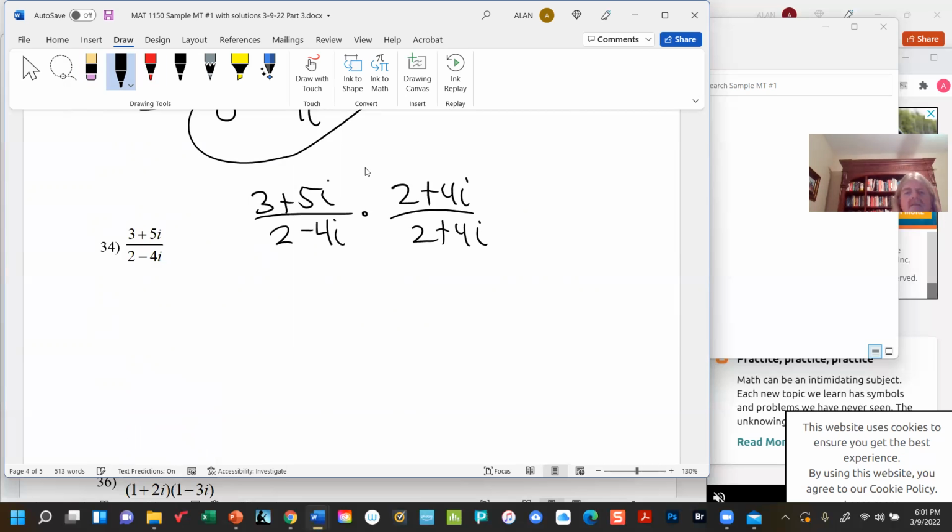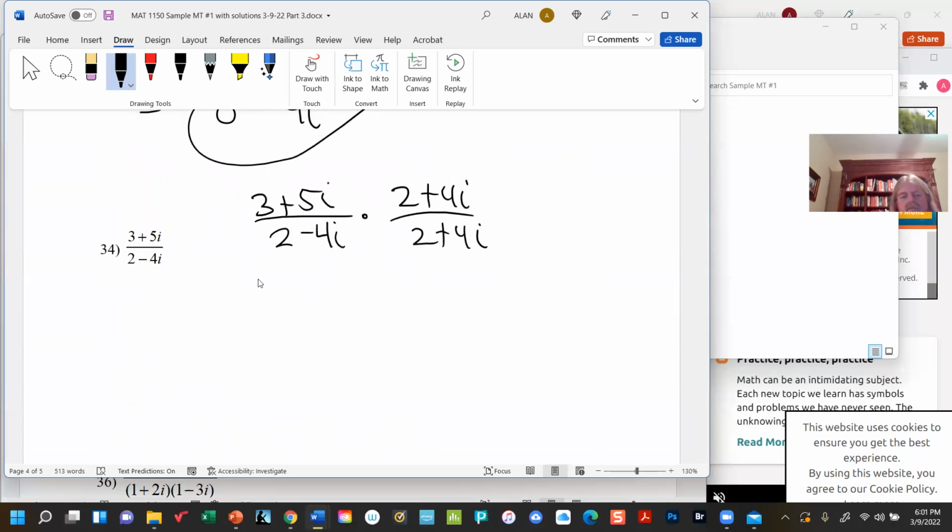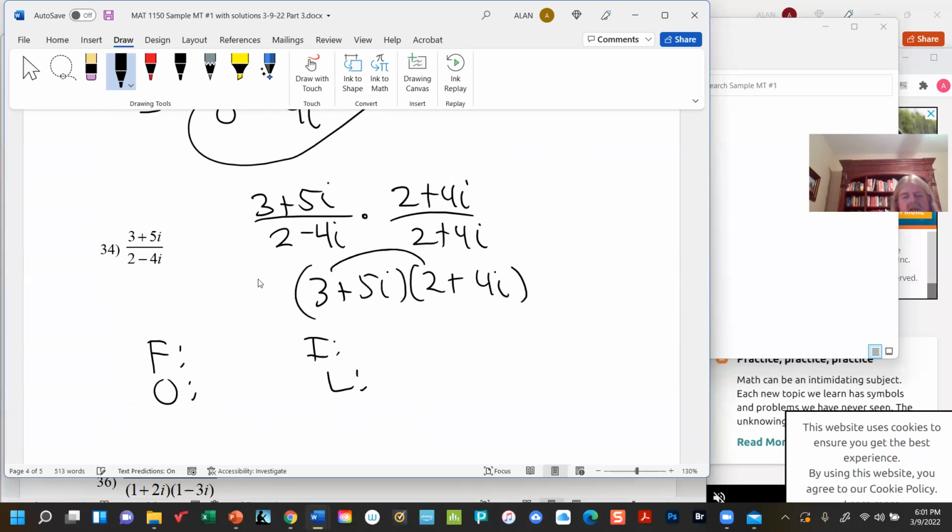All right. So we'll start with the numerator. Six, 12i. The inner is 10i. And last is 20i squared. Okay.